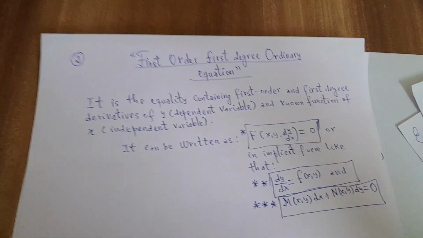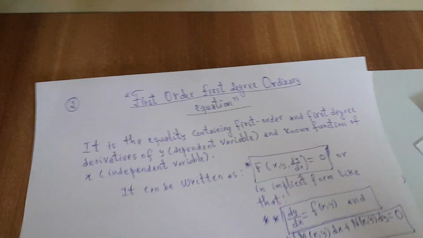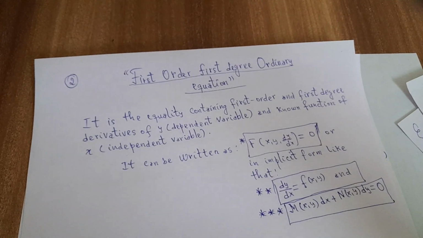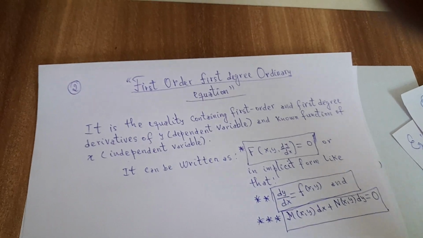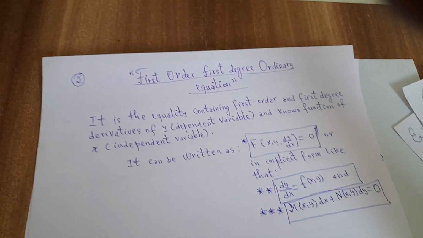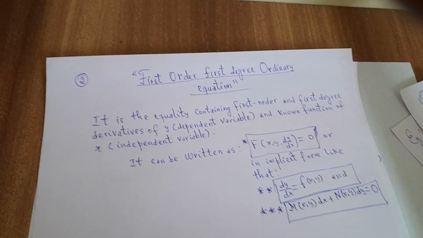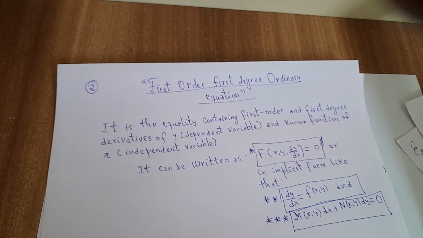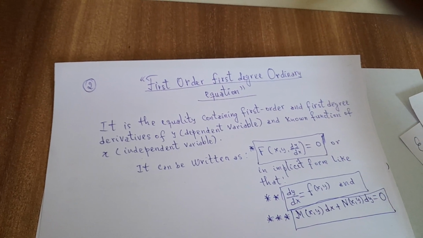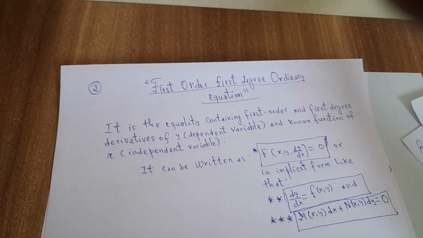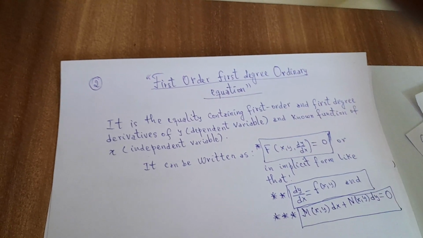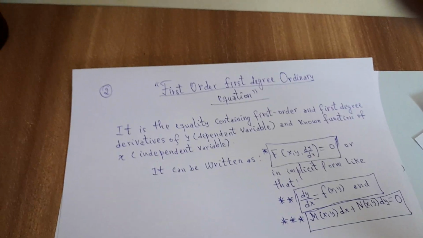In a nutshell, for a first order and first degree ordinary equation, first, if it is an ordinary equation, it means that it has only one dependent variable and one independent variable. It is first order, which means we have only one derivative and it is not repeated.